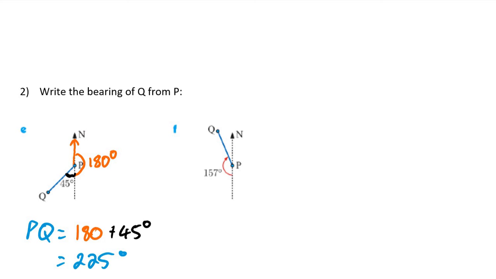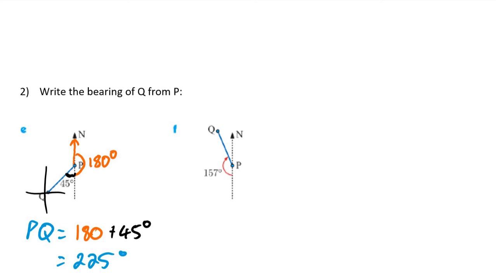The back bearing would be 45, a difference of 180. Let's have a quick look. What is the bearing going back? Well, if this angle's 45, so is this one. So the back bearing, 45.